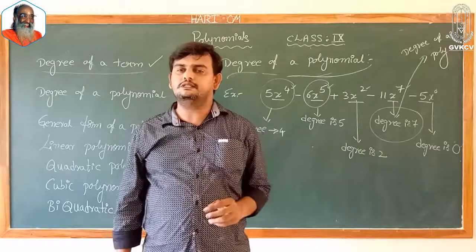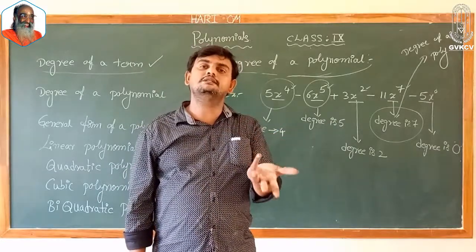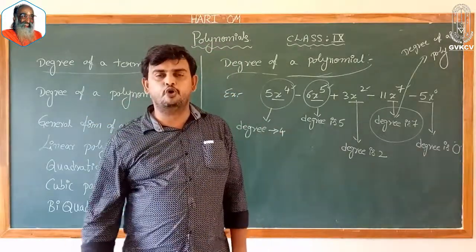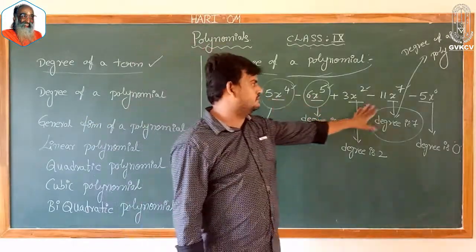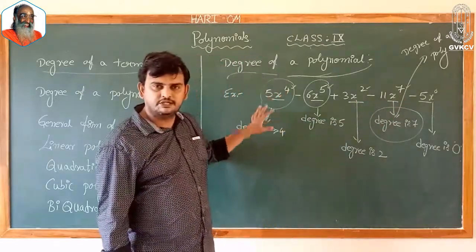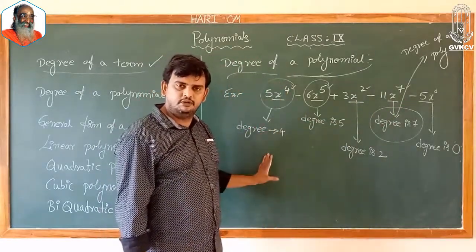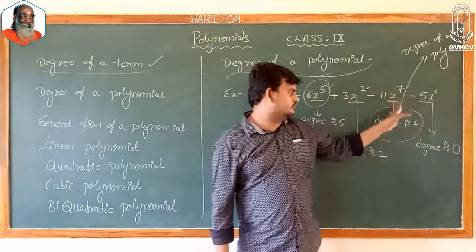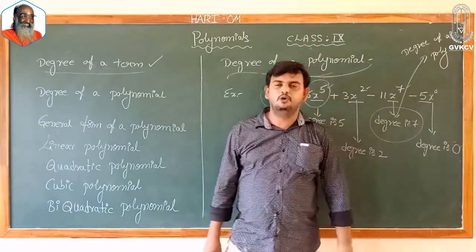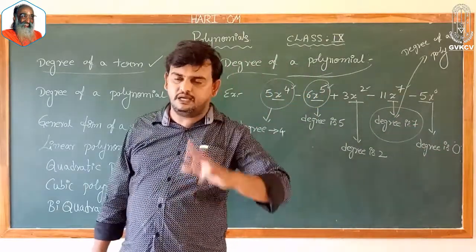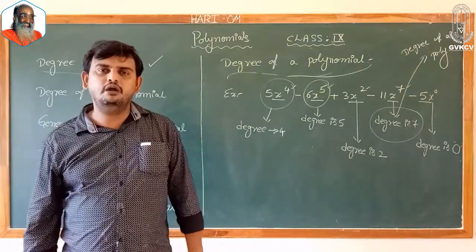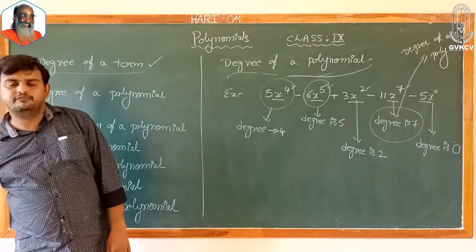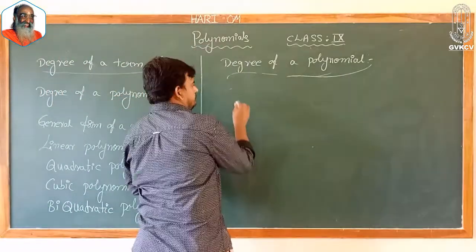Among all the degrees, the highest degree is considered the degree of a polynomial. The first term degree is 4, second is 5, third is 2, fourth is 7, fifth is 0. Among all the degrees, 7 is the highest, so 7 is called the degree of a polynomial.